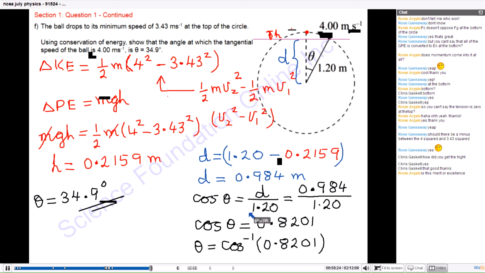Right. But was that very difficult? Because it is logical, since they kind of guided you through the solution as well. You have the height difference here, which is obtained by the difference in gravitational potential energy and equating it to the difference in kinetic energy. And there was the hint as well to get you thinking the right way.